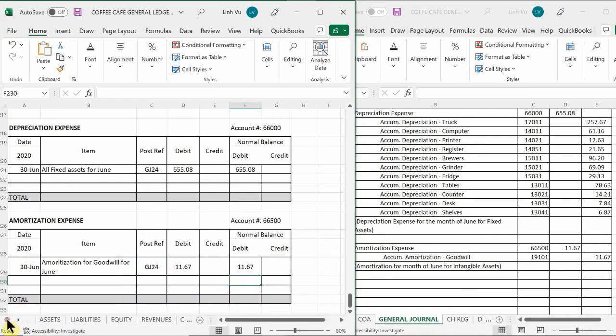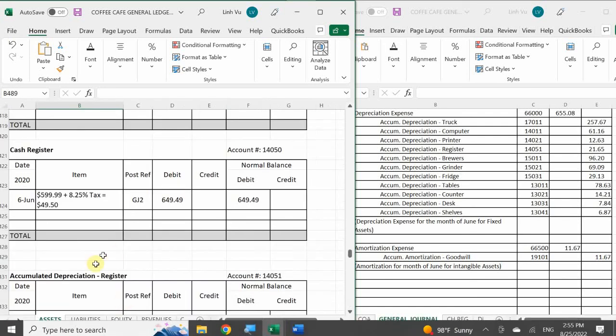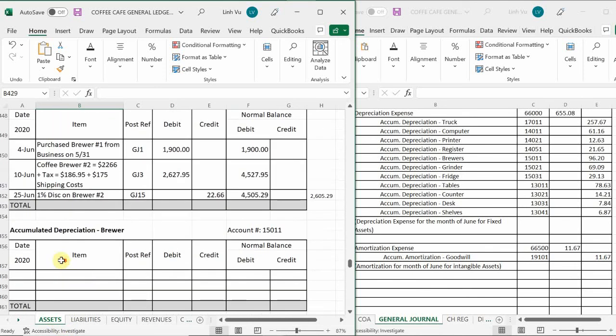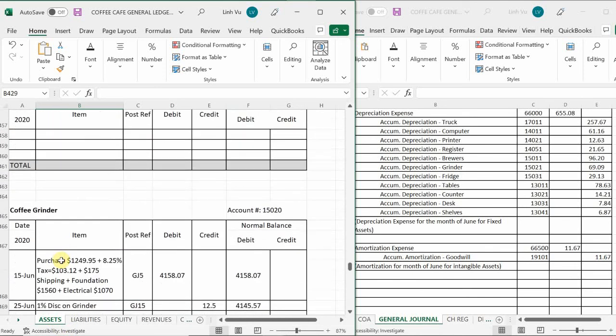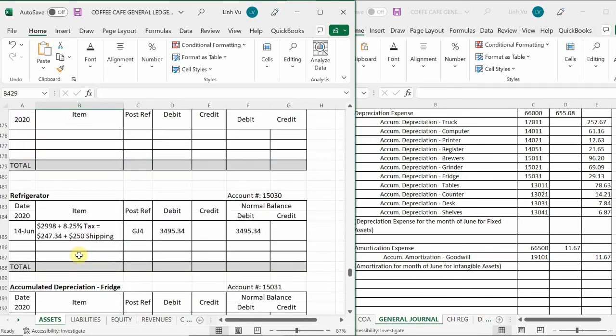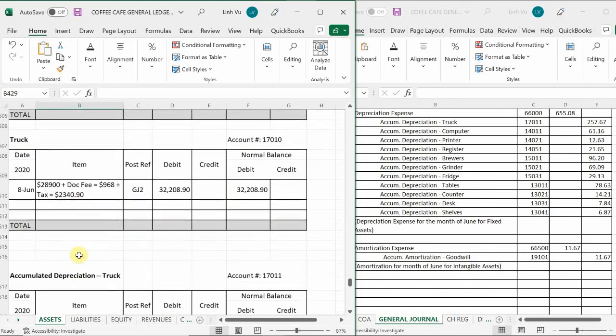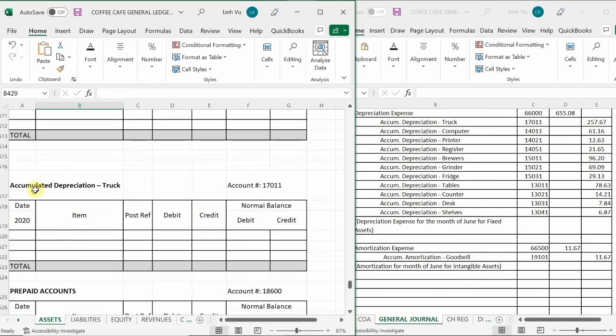Okay. And then go to your assets and start listing them one at a time. So here's your assets one at a time. Starting with the first one here is my depreciation for the truck. So here you go. Accumulated depreciation for the truck. It's up to you. You could say this is just an adjustment.